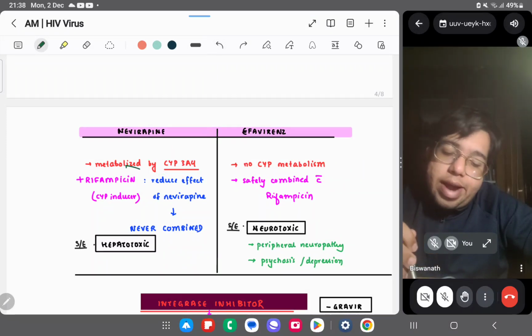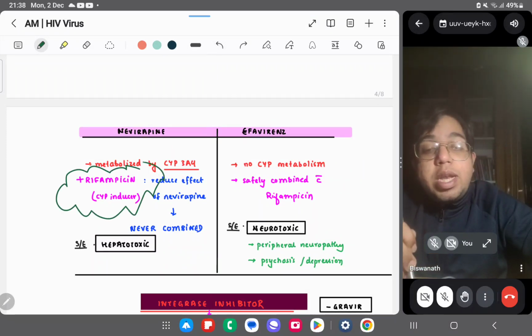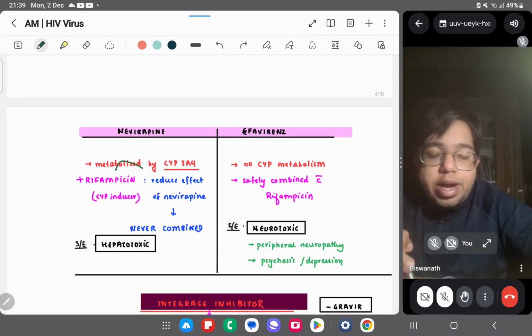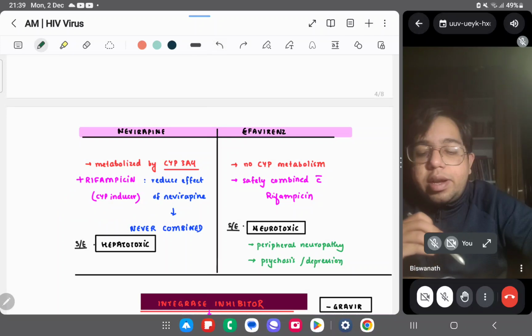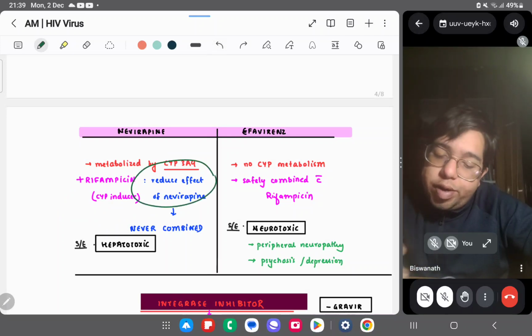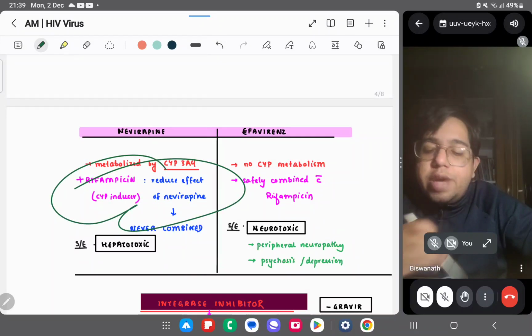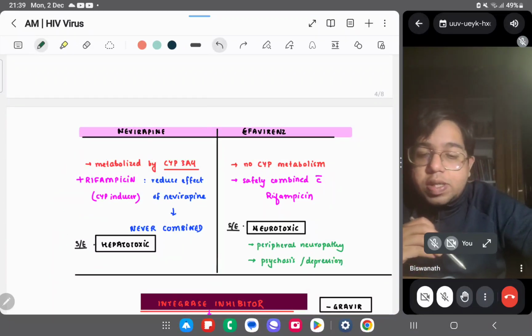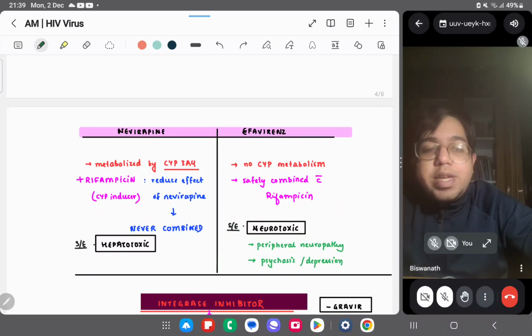So nevirapine is metabolized by CYP3A4, so it will interact with some CYP inducers, mainly tubercular drugs. Rifampicin is an anti-TB drug. Rifampicin will reduce the effect of nevirapine, so this will never be combined. Nevirapine is hepatotoxic, and efavirenz is neurotoxic.